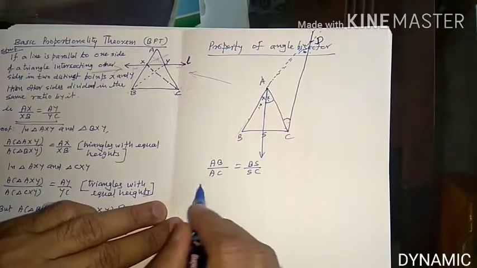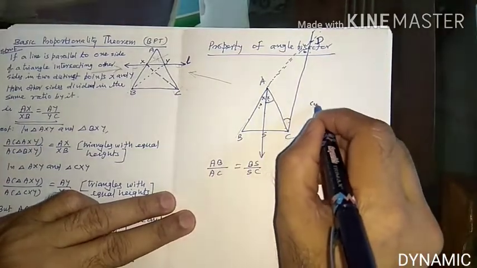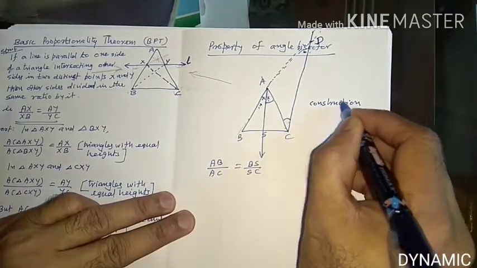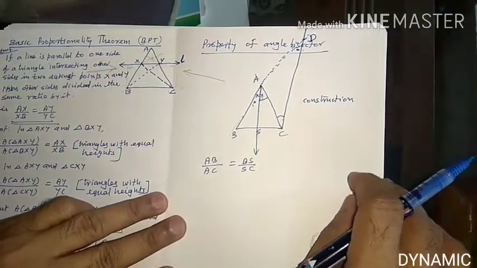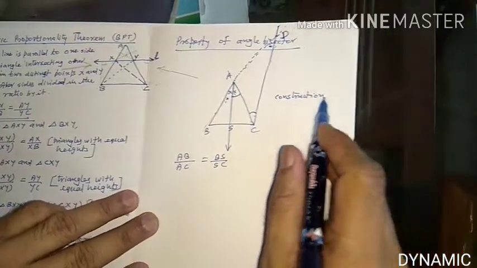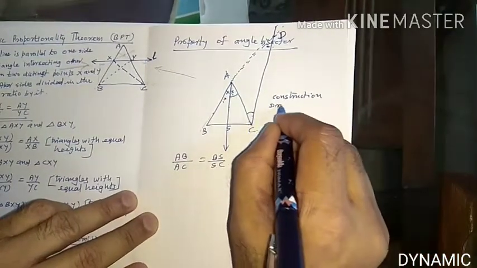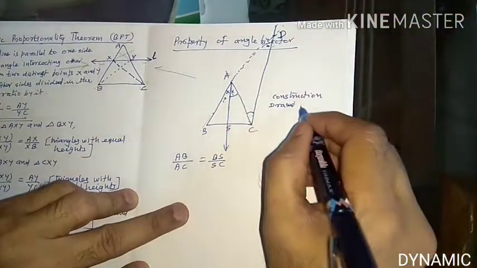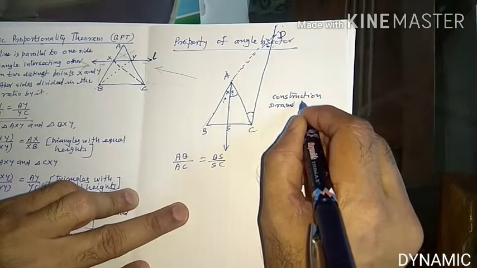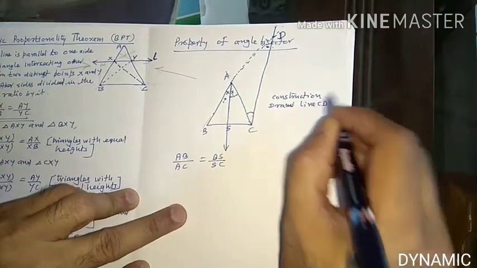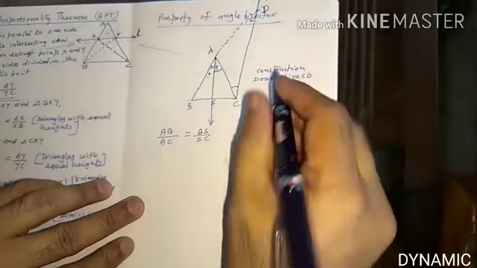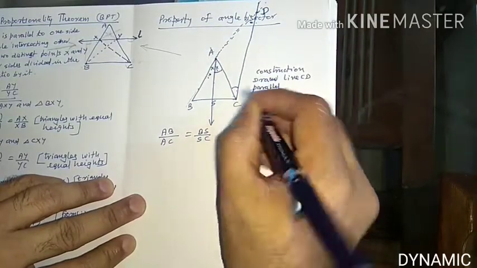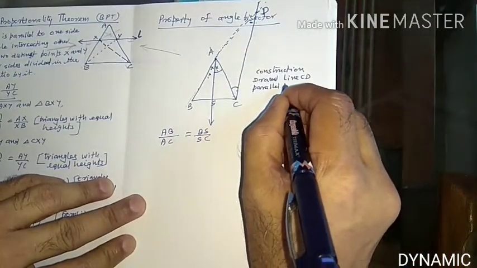Here, construction. Construction: draw line CD parallel to SA.